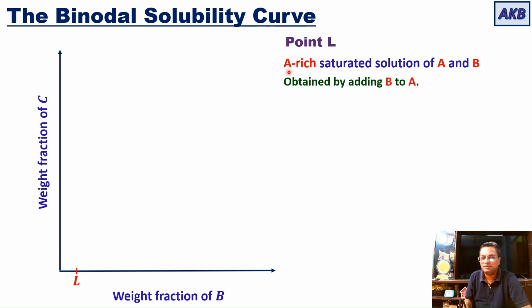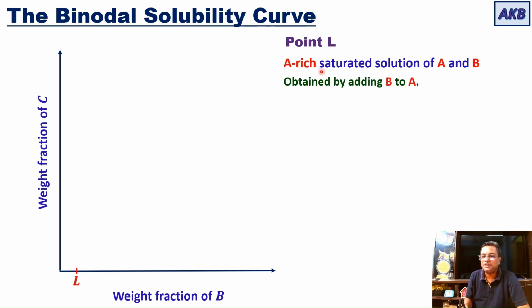Why do we say A rich saturated solution? Because in that solution, A is the major component. If you try to add more B to the saturated solution, what is going to happen? The solution is going to separate into two layers. Are you understanding it?